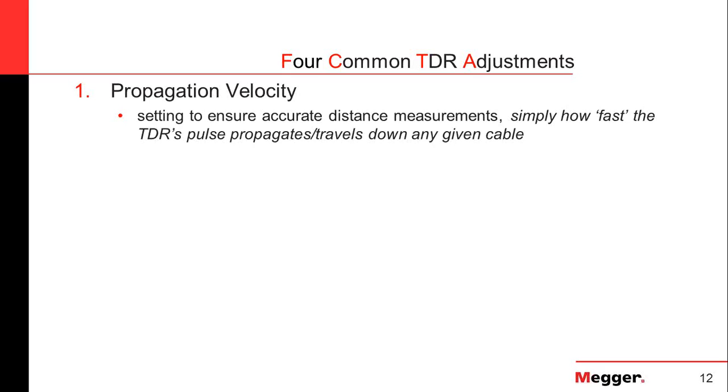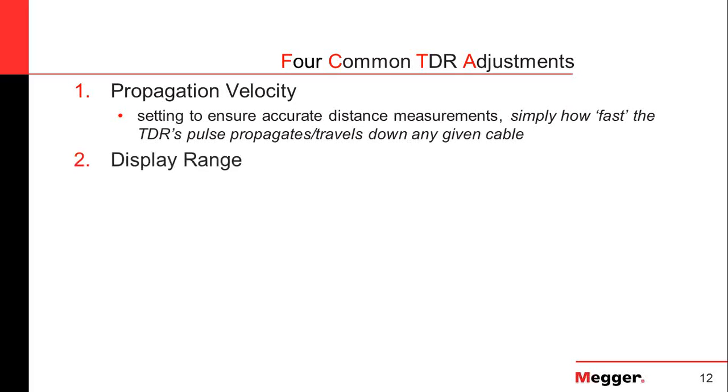So a big diameter cable is going to have a lower propagation velocity, more impedance, if you will, than a small diameter cable. And we've predetermined what these propagation velocities are. We'll talk about that more later.